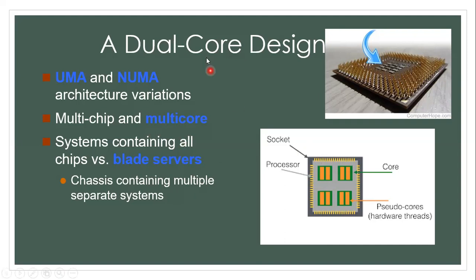A processor with two cores is called a dual core processor. A processor with four cores is quad core. A processor with six cores is hexa core. Eight cores is octa core, and so it goes on like this.